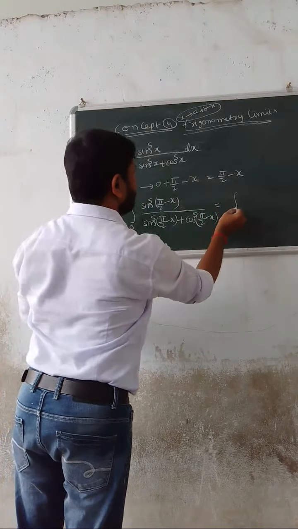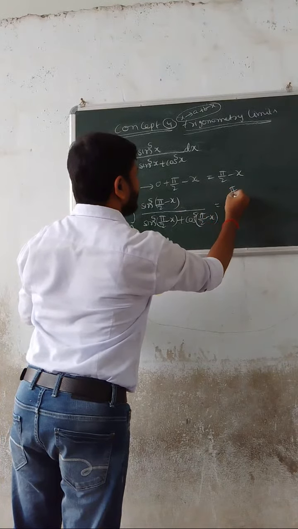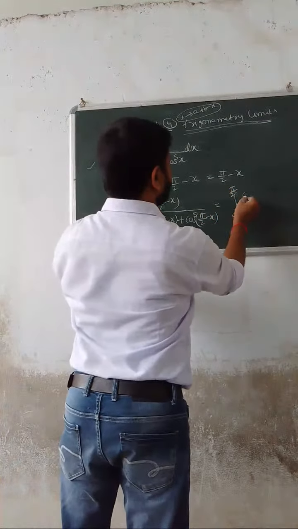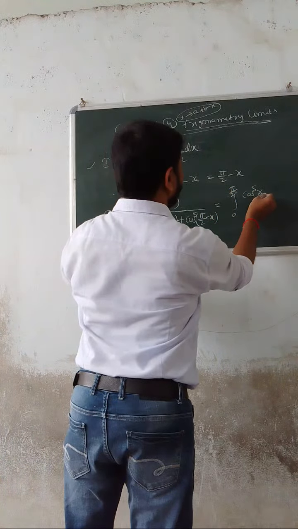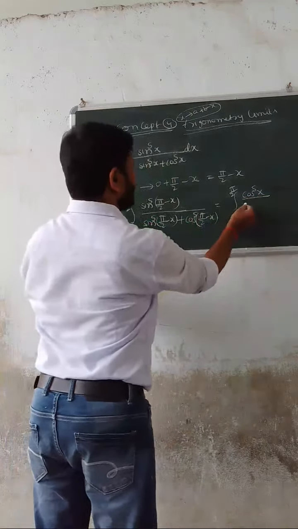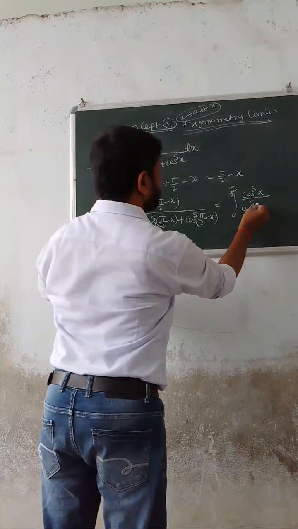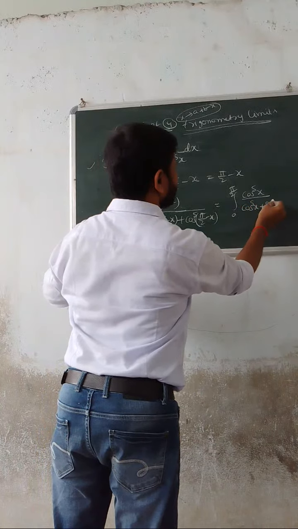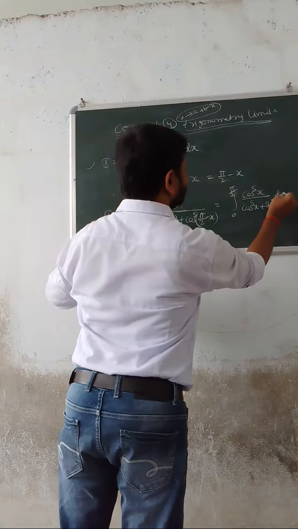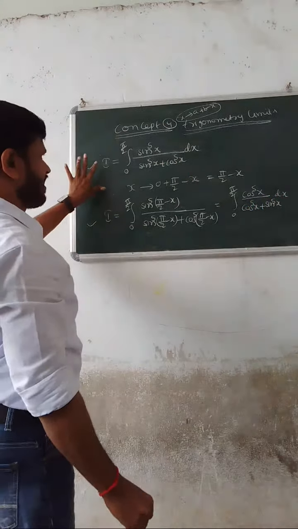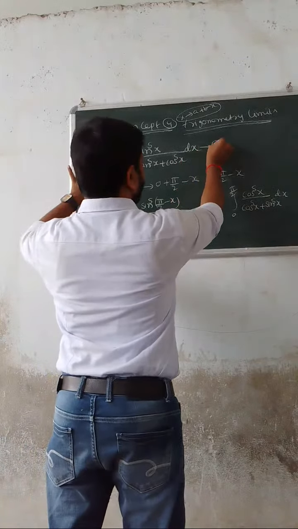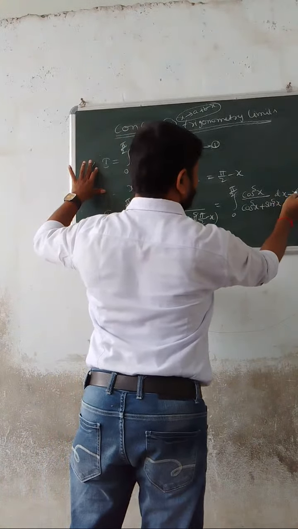Now what happened? Sin of 90 minus theta, you know that is cos theta. Cos of 90 minus theta, you know that is sin theta. That is the second I. This is 1 and completion of this is step 2.